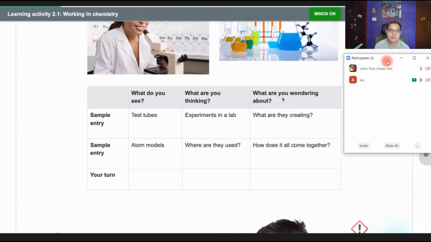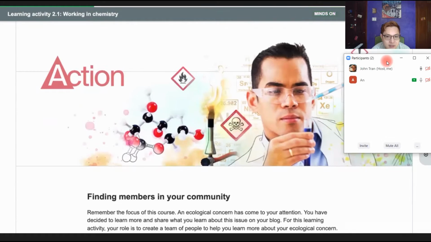Sample entry: experiment in the lab. What are you wondering about? Sample entry: What are they creating? Atom models. Where are they used? How does it all come together? Okay, your turn.